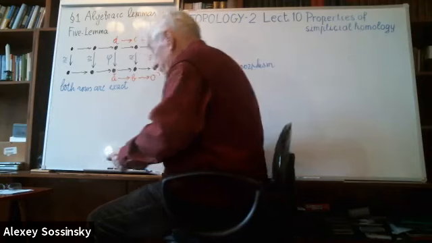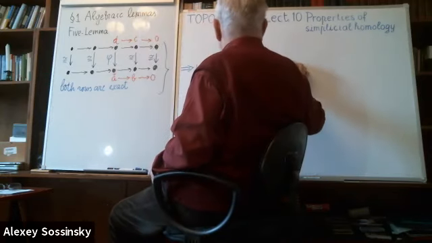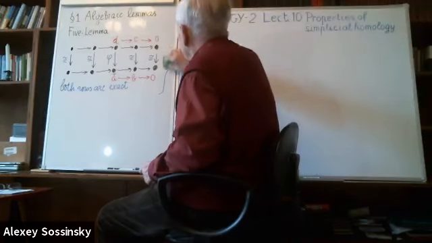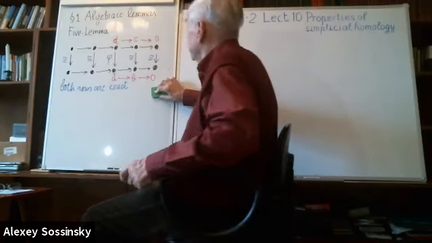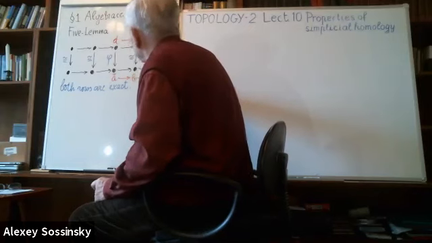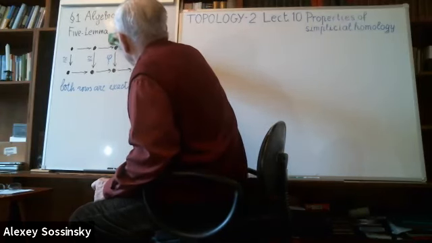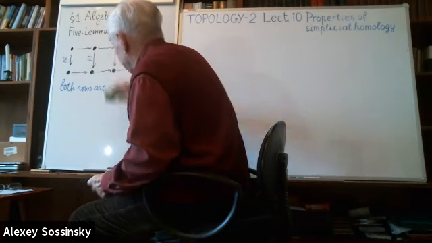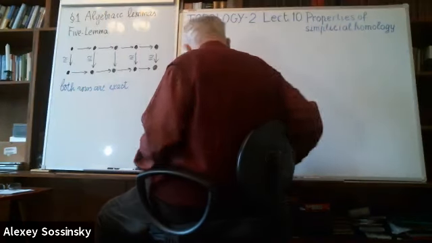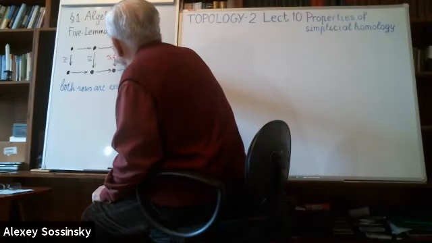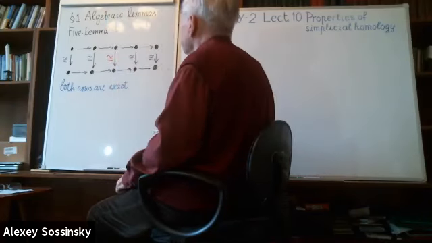So we can assume that this lemma has been proved. I will erase the proof here, and instead of phi, I will write an isomorphism symbol here. So this is the 5 lemma.